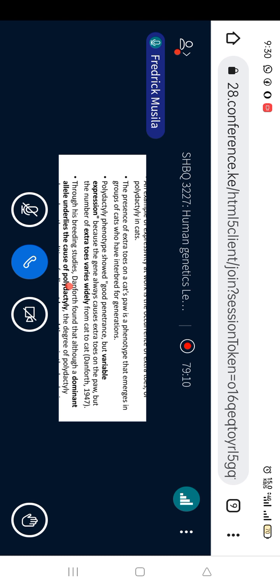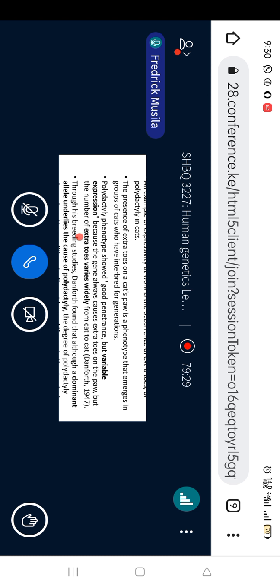So the cats have the dominant gene for making extra toes, but there is also another tissue around the toe which, depending on how it develops, will determine whether another toe will emerge or not.